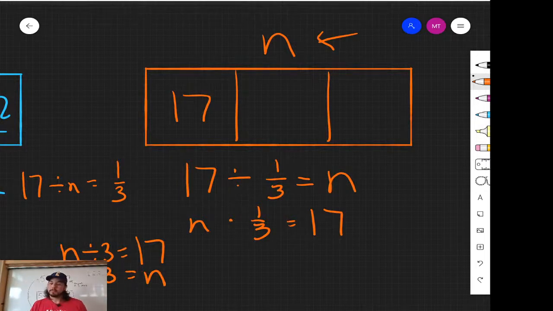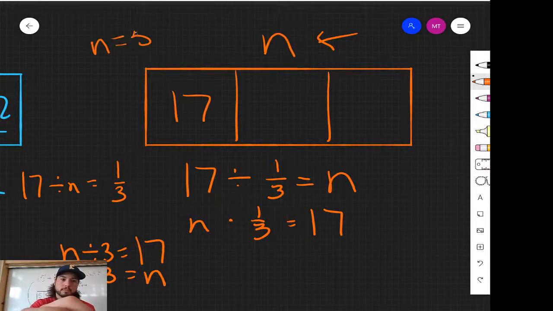And some of you are trying out putting the 3 on the other side of the equal sign, putting the 17 and the n on the same side, which is next level, but can be done.